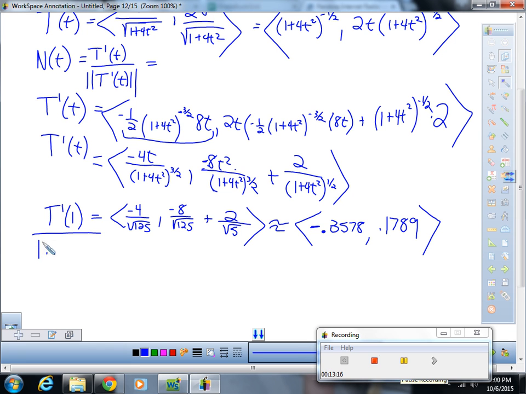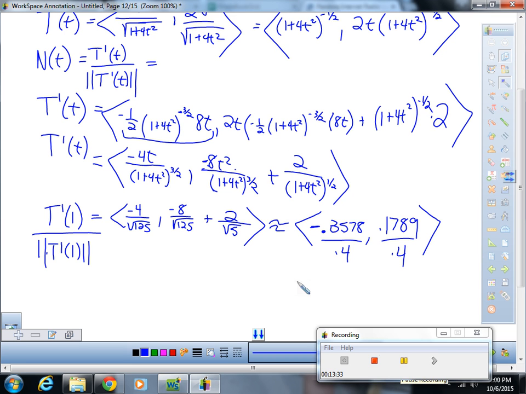We have to put this over the magnitude of T prime of 1, so that we get the principal unit normal vector. And so we're just going to take this vector and put both things over about 0.4. Ted, is that what you got? Okay. And now you'll get, this is a unit vector.